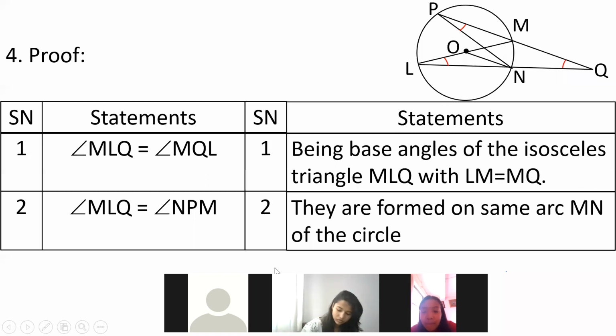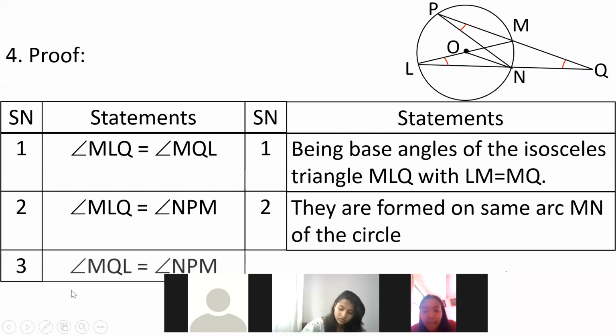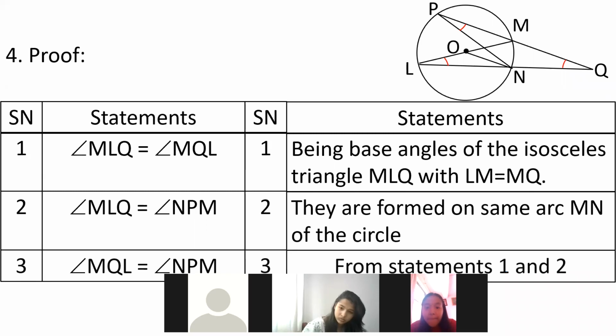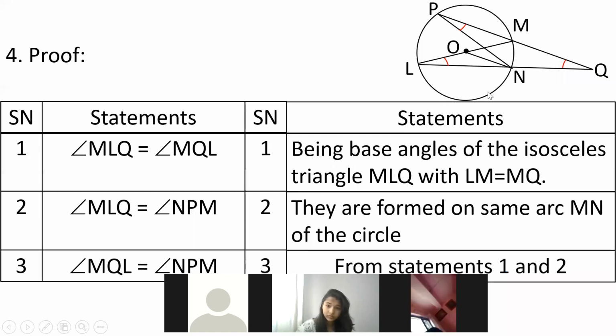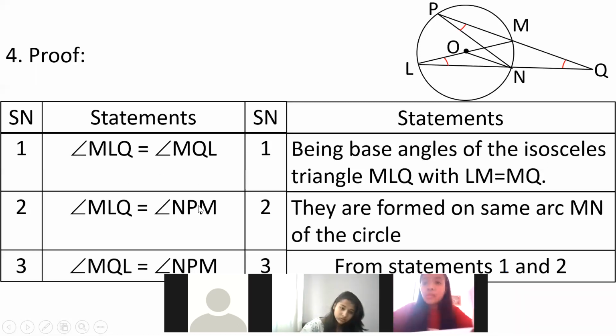Combining this one and two, we can write which angles are equal. Angle P equals angle Q in short: angle MPN equals angle MQL. Why? From statements 1 and 2, because these two angles are equal, these two angles must be equal.